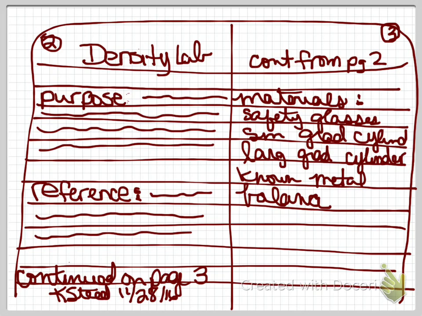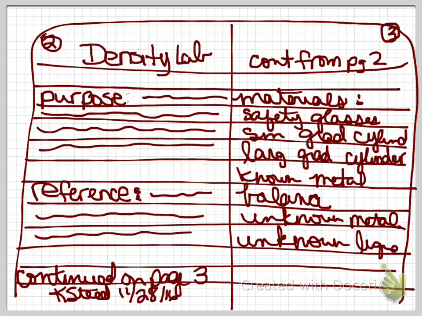You need your unknown metal sample. You need an unknown liquid. And you need paper towels. And I believe that's all you're going to need.